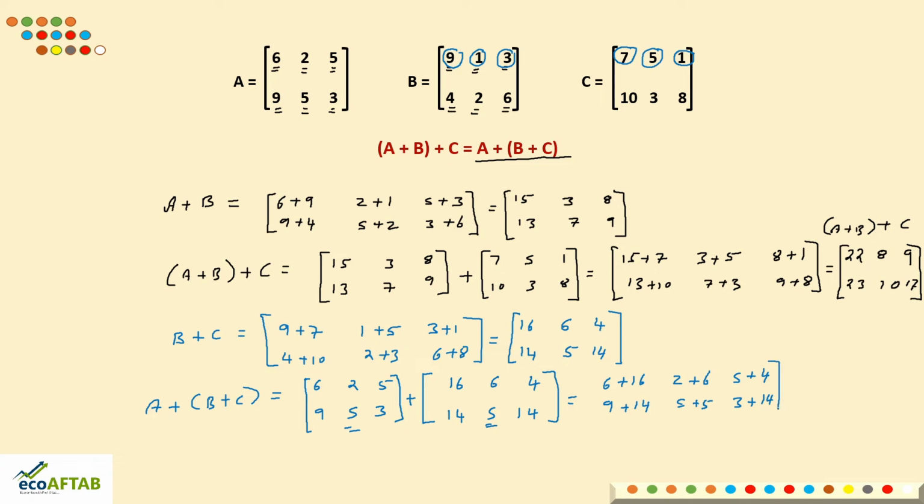So when you add up these things, what will we get? 16 plus 6, that is 22. Next is 2 plus 6, 8. 5 plus 4 is 9. 9 plus 14 is 23. 5 plus 5 is 10, and 3 plus 14 is 17.